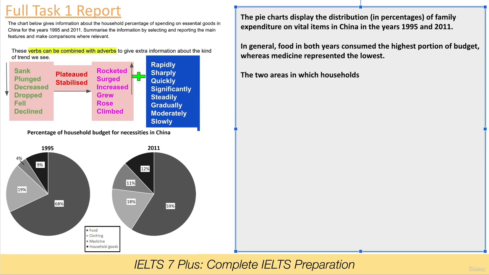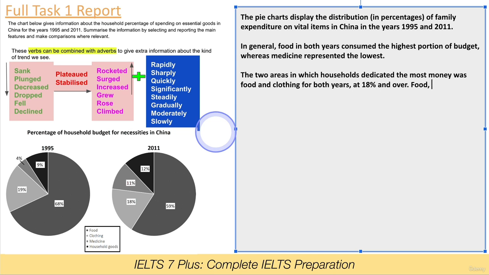The two areas in which households dedicated the most money was food and clothing for both years, at 18% and over. So we've grouped them together, 18% and over.